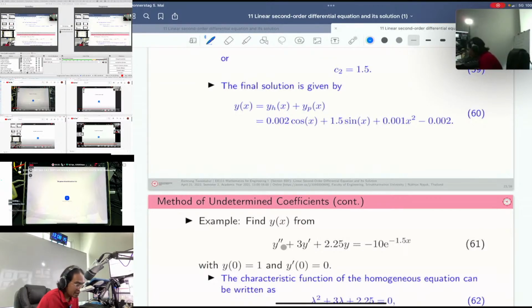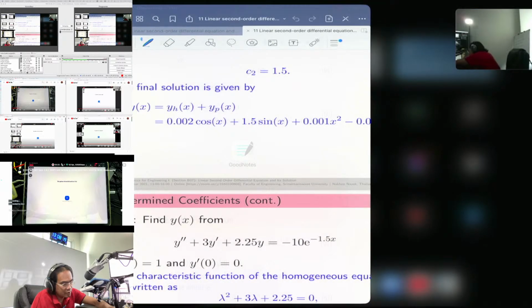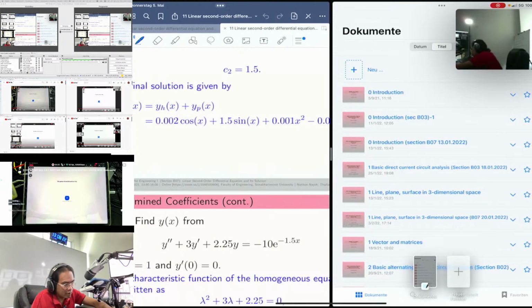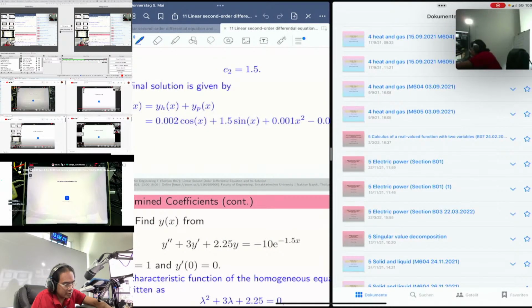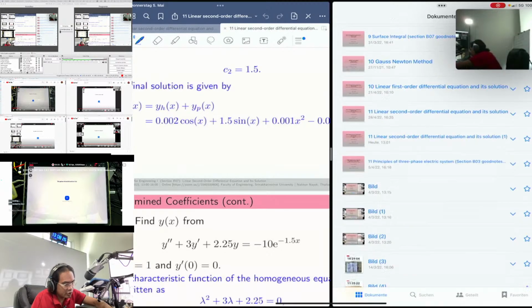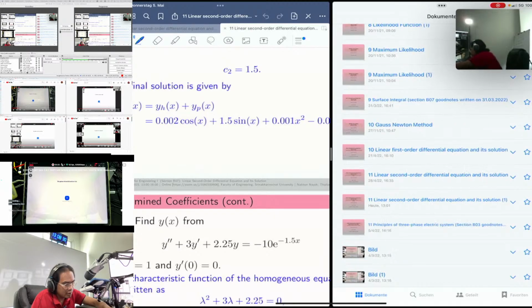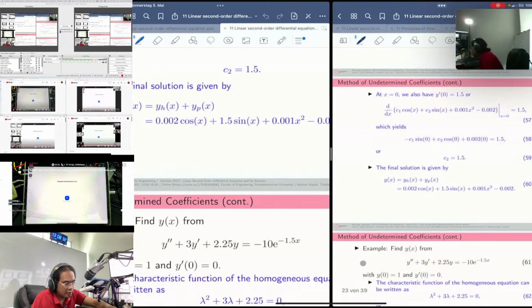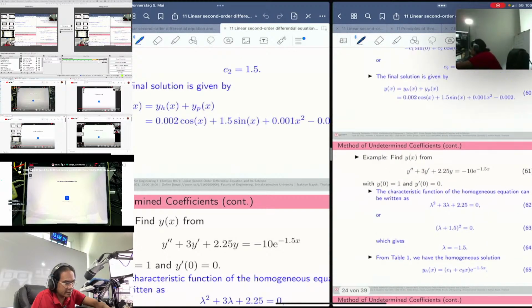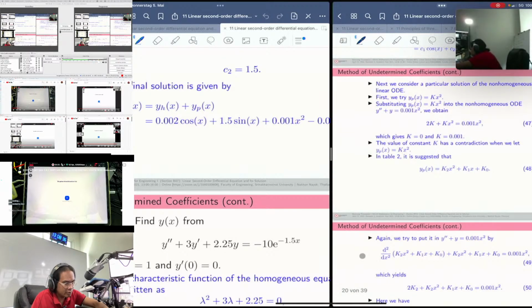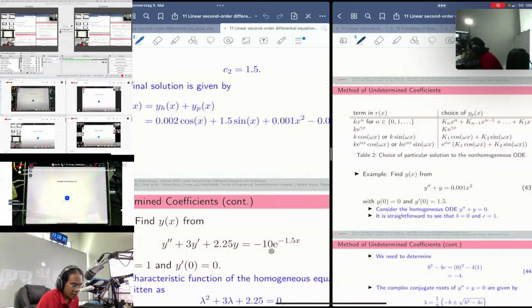And we need to look at the table. Which one will be the good candidate? Okay, the good choice for us. We need to look at the table and which one would fit well to negative 10 exponential negative 1.5x.